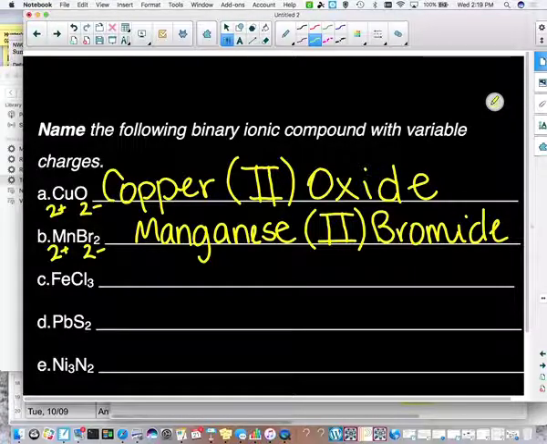I've been pointing at my periodic table the whole time. Yes, you need a periodic table. Selective brightness.